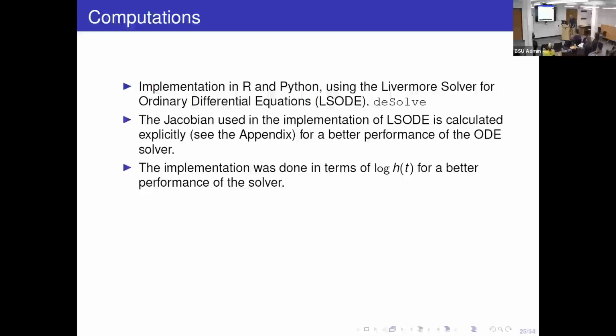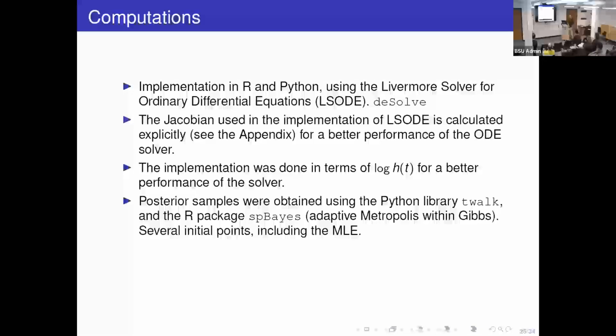This is just a computational thing, but we have also implemented the model in terms of the logarithm of that, which makes the performance of the solver more stable. To obtain posterior samples, my colleague used the sampler called the T-Walk, because he invented the T-Walk and implemented it.